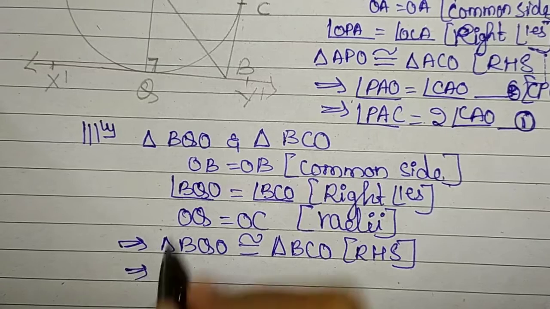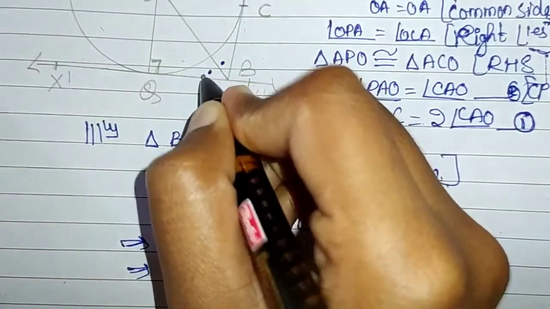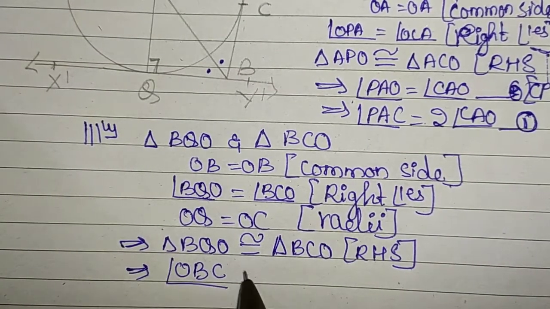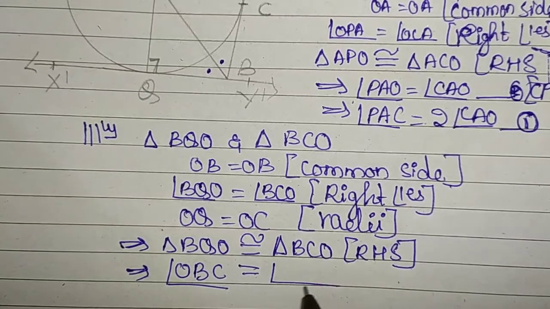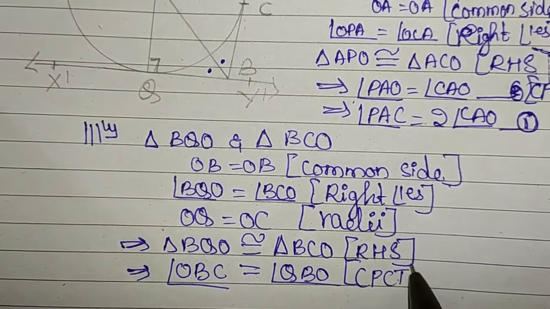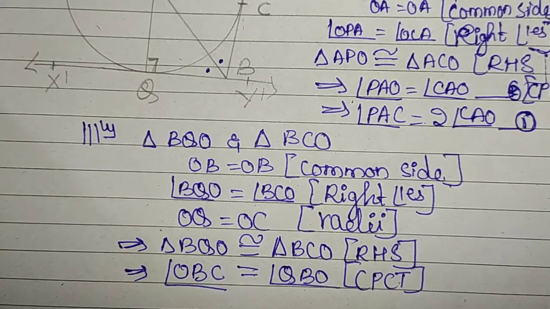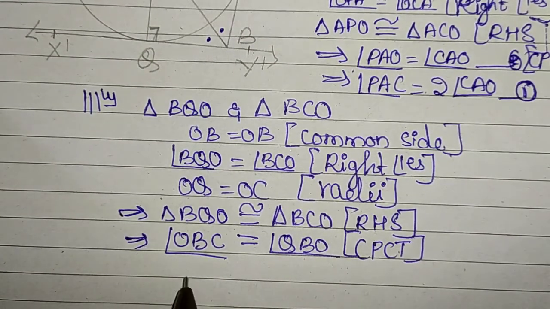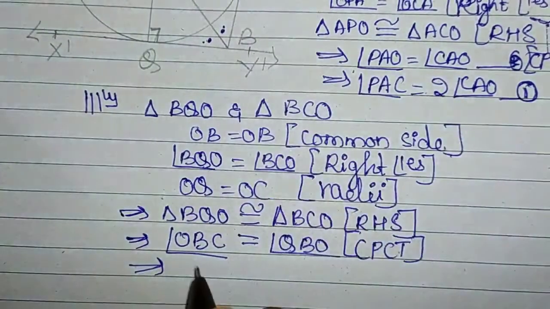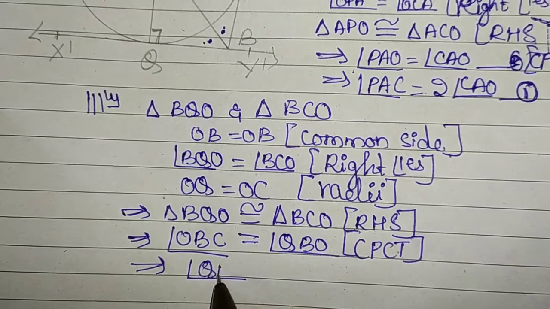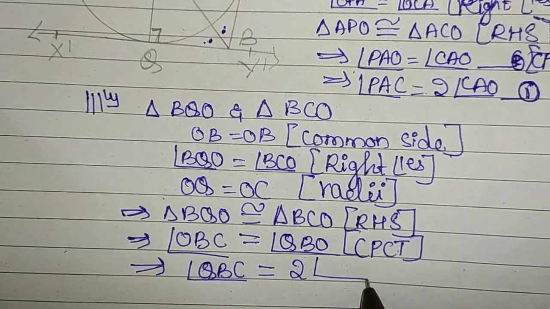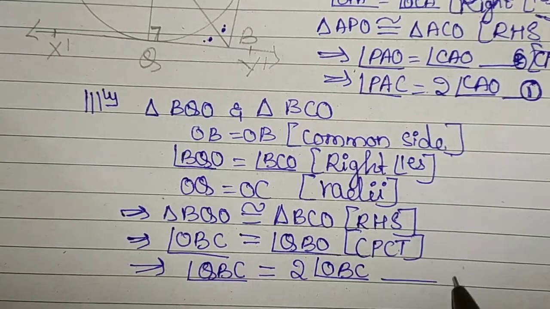So this implies angle OBC is equal to angle QBO by CPCT, corresponding parts of congruent triangles. And this implies, since these two angles are equal, angle QBC is equal to 2 times angle OBC. This is result 2.